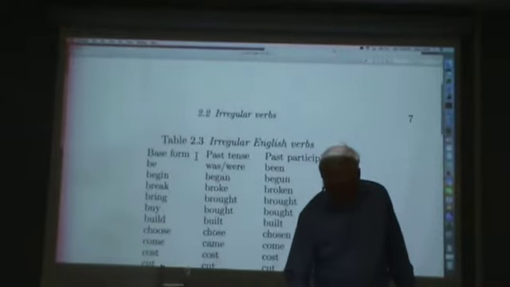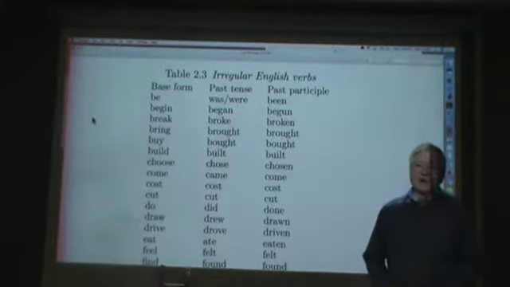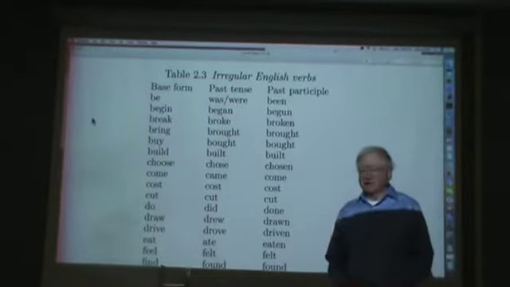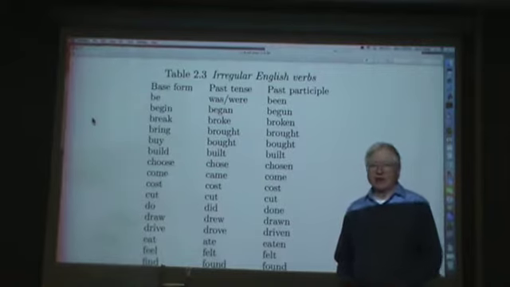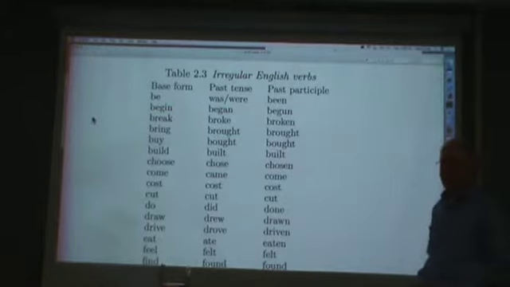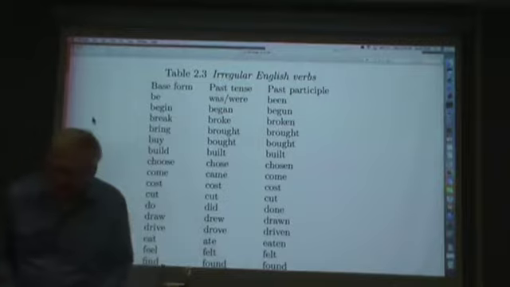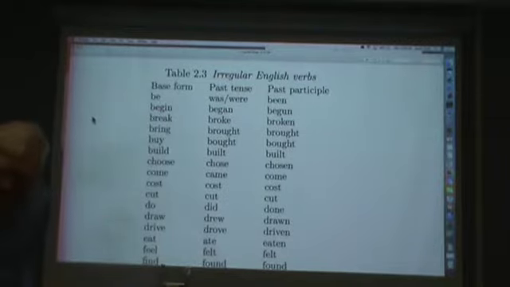So I thought I would make a list of these. I didn't make the list, I grabbed it from the web, and it turns out amusingly that if you Google irregular English verbs, the top few hits are not English language sources, they're German. But some of the words on the list are impossible to avoid, like can you really avoid the word be, for example?